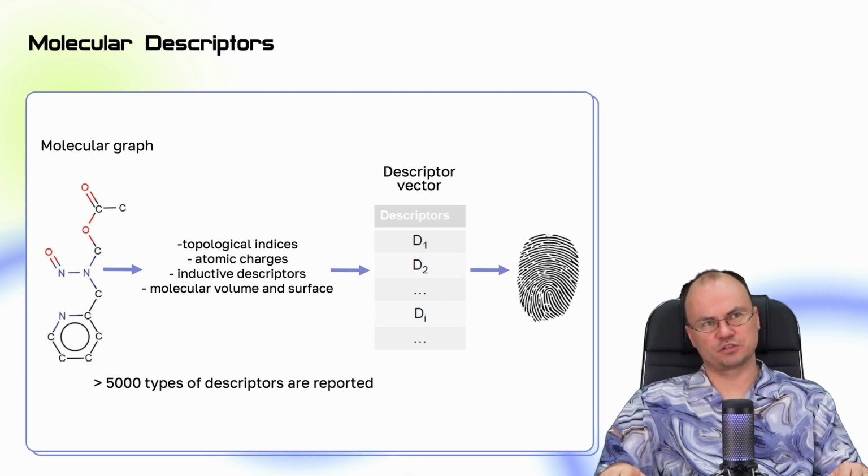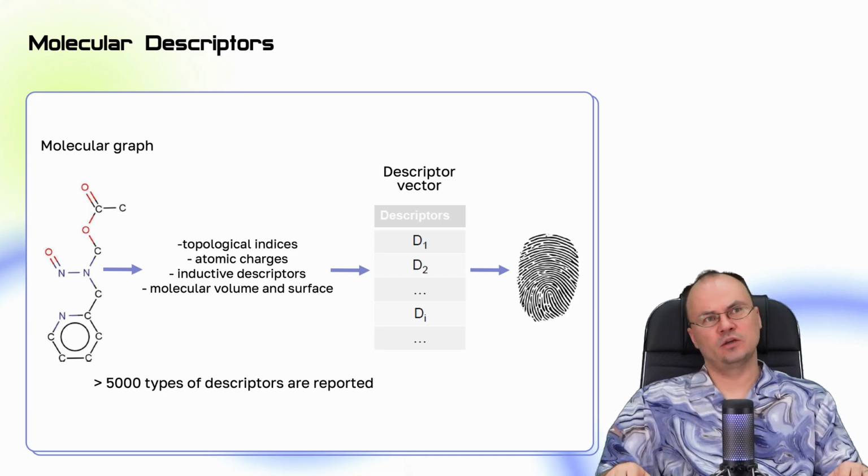These unique descriptors are sometimes called molecular fingerprints. Therefore, these descriptors are particularly useful for chemical space analysis.